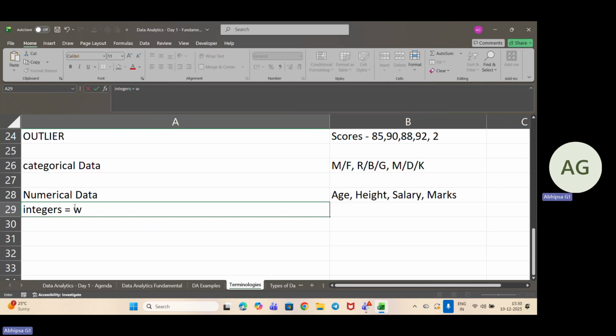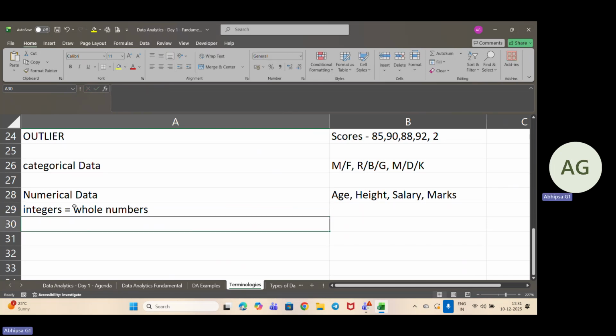And inside numerical data, we have the decimal numbers, which are the floats. So there are two divisions of numerical data: integers, the whole numbers, and floats, the decimals.